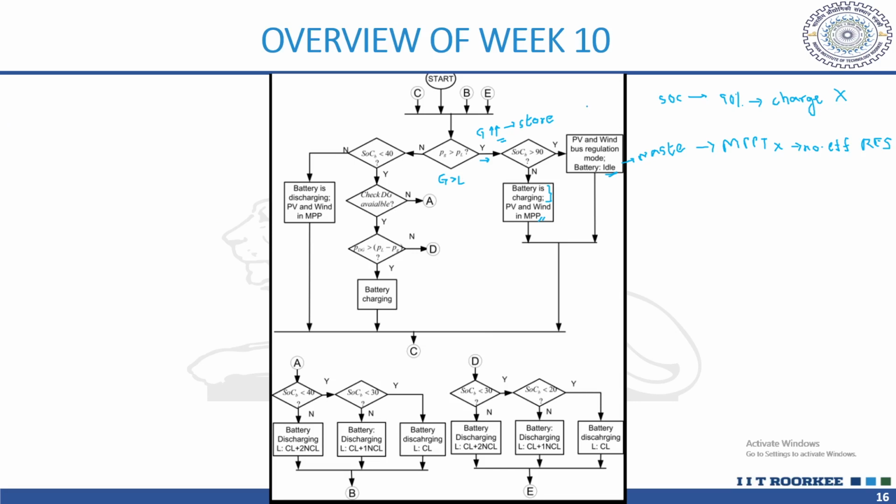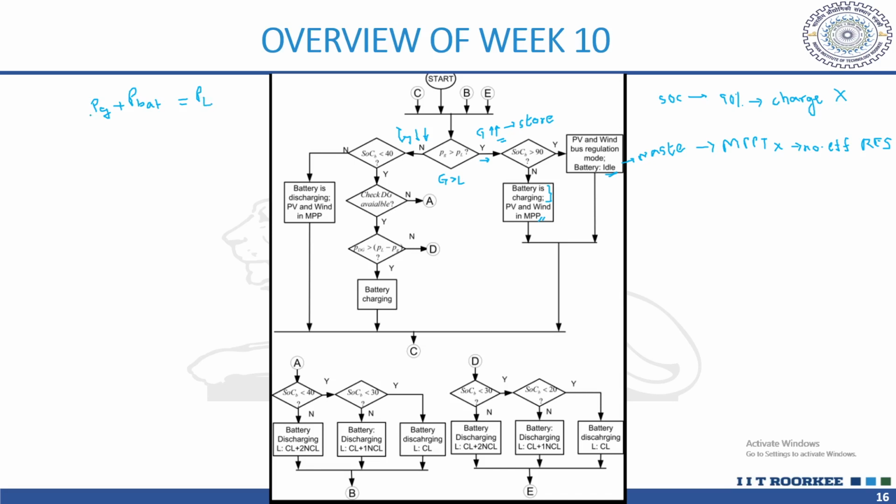So this was in the case of over generation. But if the generation is less than the load, in this case we want the batteries to discharge, right? Discharge to meet the loads, to make this PG plus P battery equal to PL.